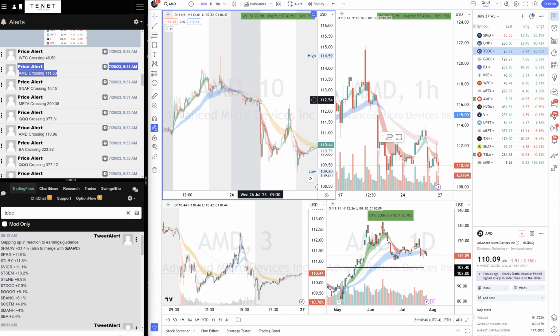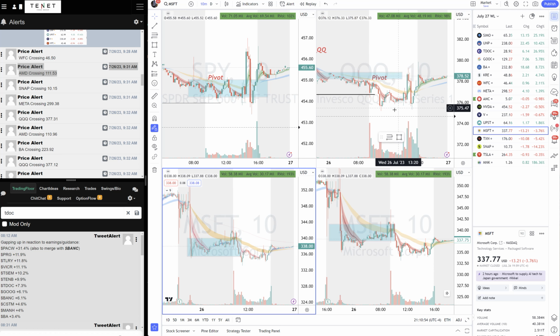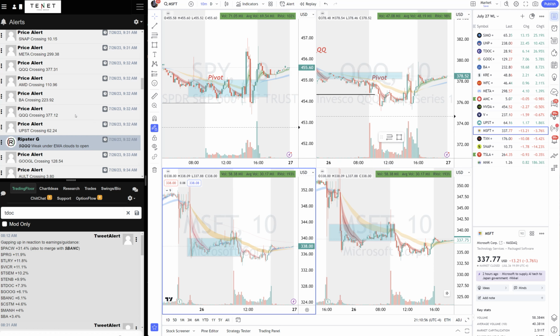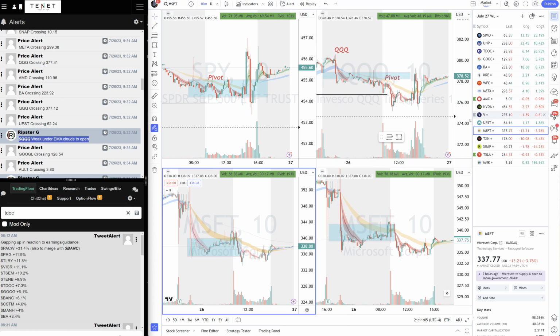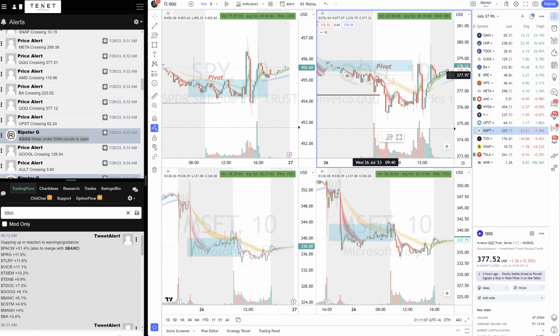You see the cloud breakdown, under cloud, fail, and all day fade. Why was that? Because in the morning we saw Nasdaq QQQ weak under EMA Clouds at open. So Nasdaq was significantly weaker under the clouds.